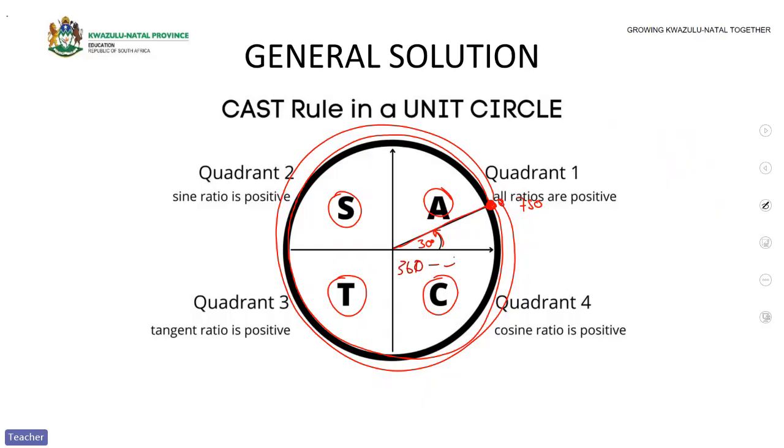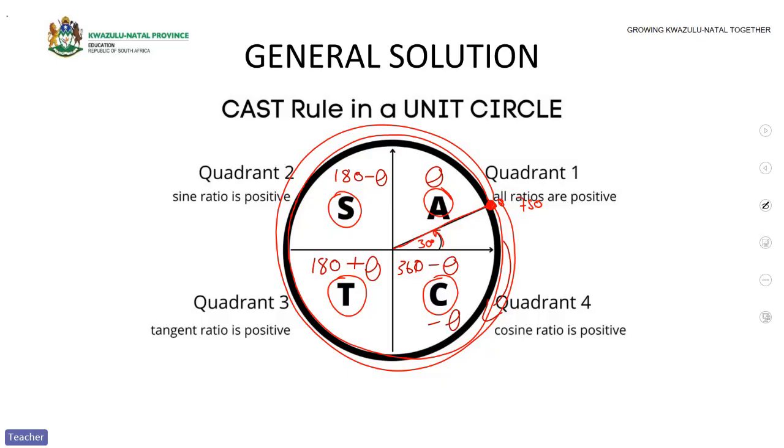In the fourth quadrant it is 360 minus theta, where theta is our acute angle, and when we move in a clockwise direction it will be minus theta. In the second quadrant it's 180 degrees minus theta. And in the third quadrant it is 180 plus theta.